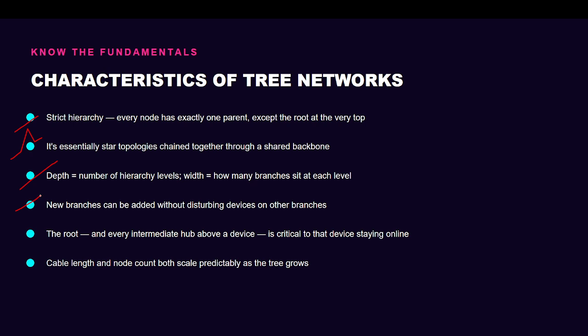New branches can be added without disturbing devices on other branches. The root and every immediate hub above a device is critical for that device to stay online. And cable length and node count both scale predictably as the tree grows.